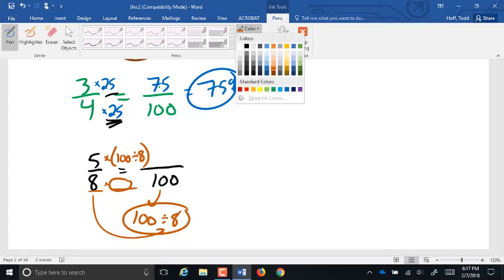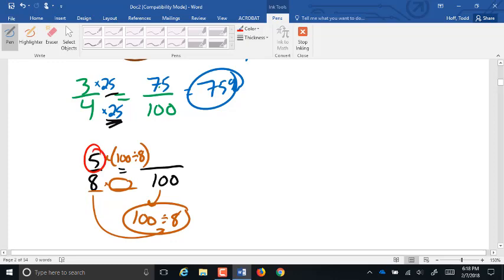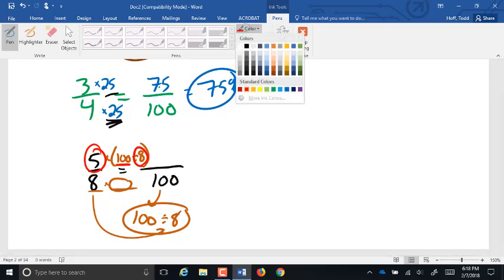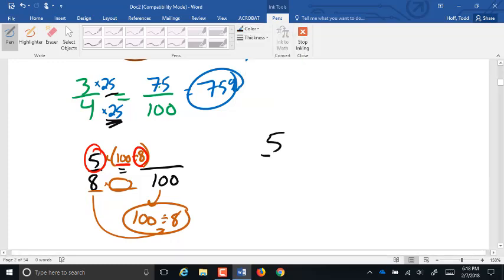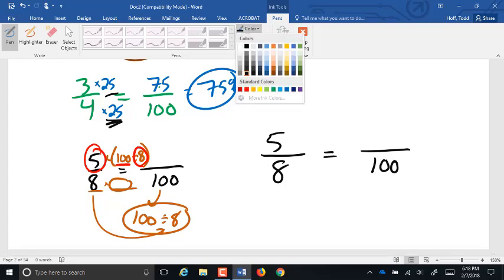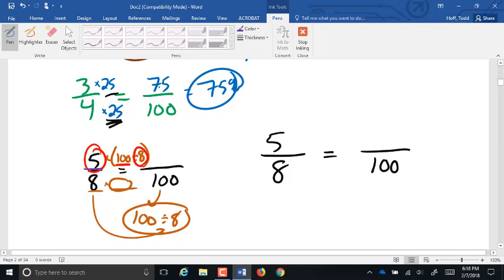If you look at this, what's happening is 5 times 100 divided by 8. To shorten this process, this is kind of where you were getting with that last example, kind of getting ahead of us just a little bit. If I look at here, what's the 5 getting multiplied by? Well, always this number down here. It's diagonal with the 5.